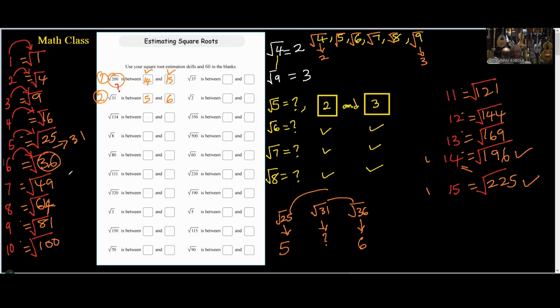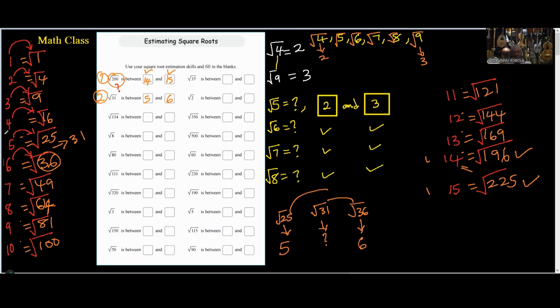Look at the board and talk. Unmute yourself. If you are talking, I can't hear you. Between which two numbers? Where will you find 31? It's between 25 and 36.